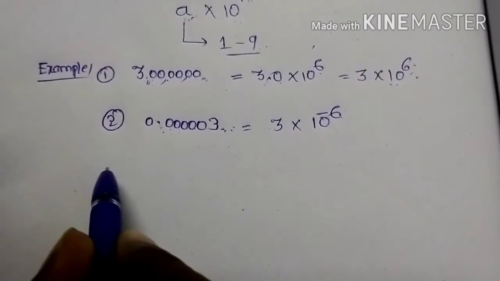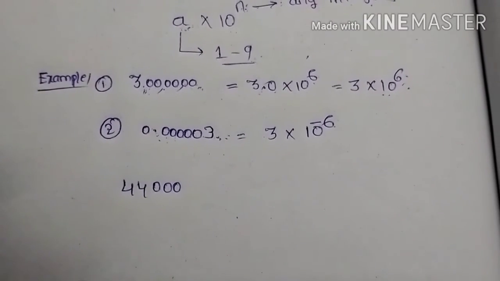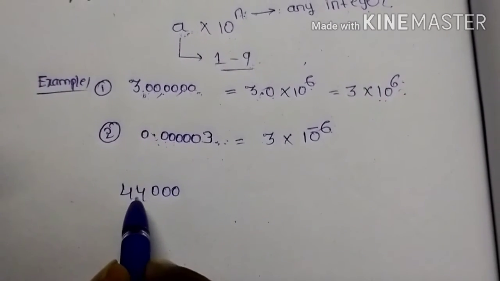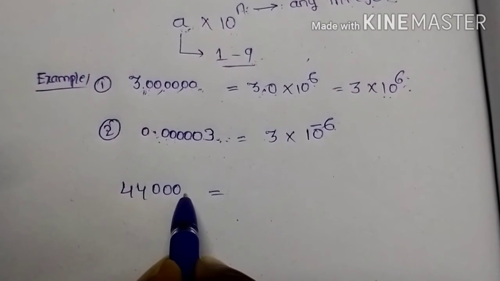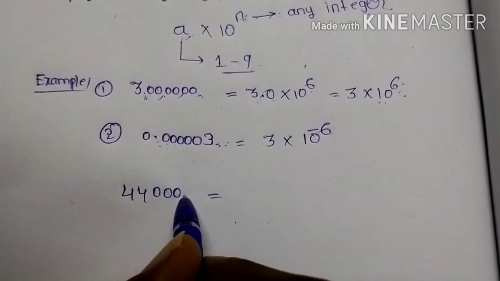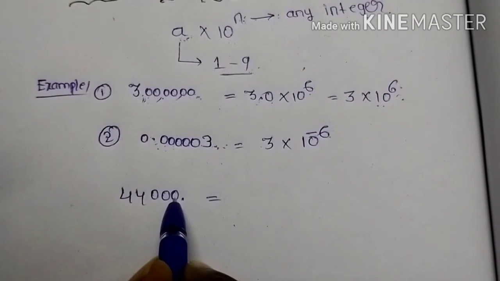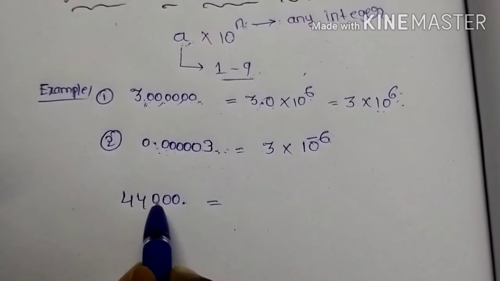For example, one more example here, 44,000. How can you express this number in standard form? Just see if the decimal point is available here or not. Yes, 44,000 means you will get the decimal point here. You need to move the decimal point to the left hand side. How many places? 1, 2, 3.